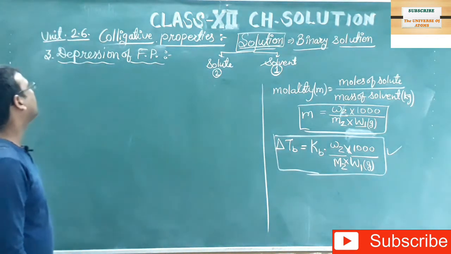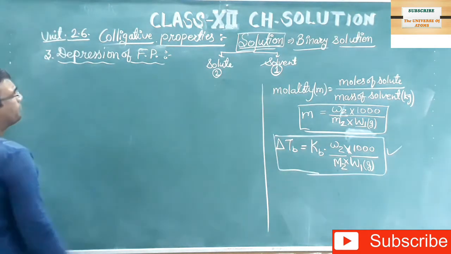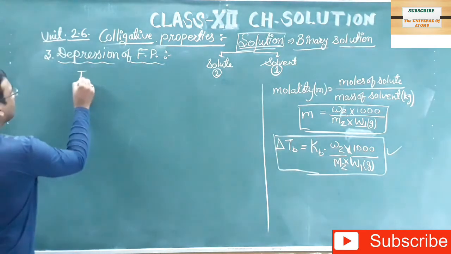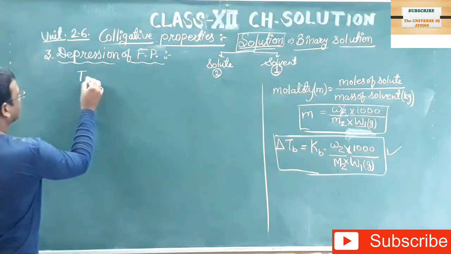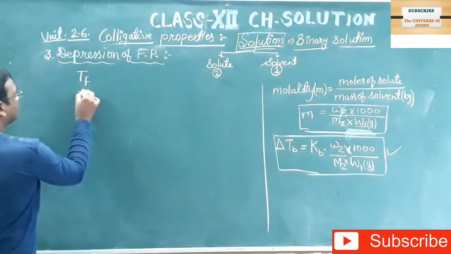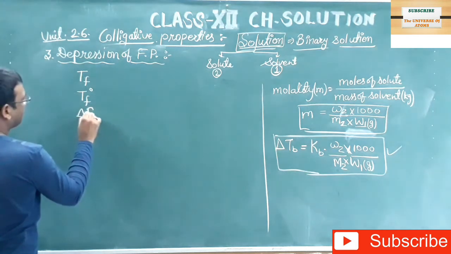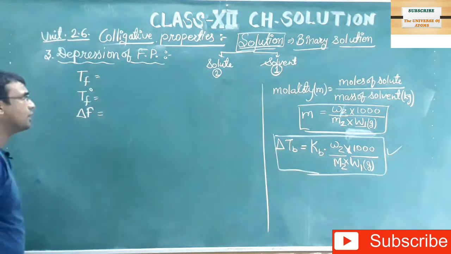Okay, now all the notations are same here also. In place of B for boiling, we are using F for freezing. So delta TF is what? TF naught is what? And delta TF is what? All these notations we are using in this colligative property also.